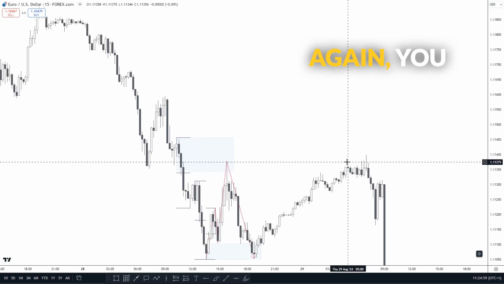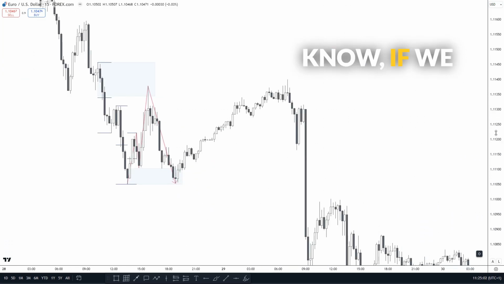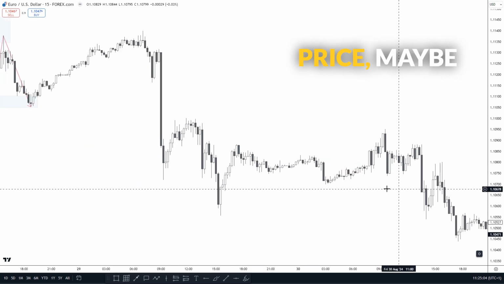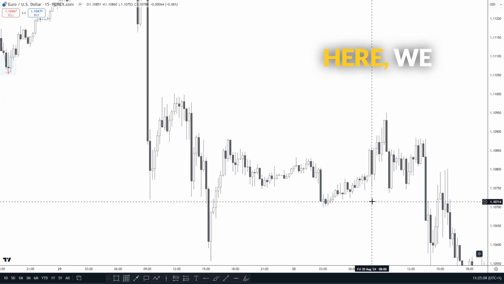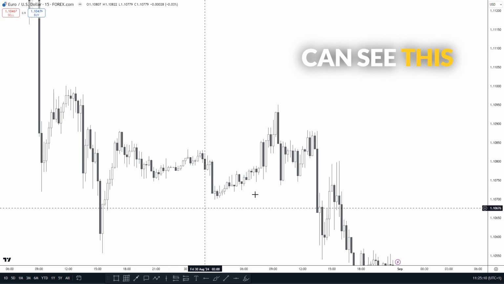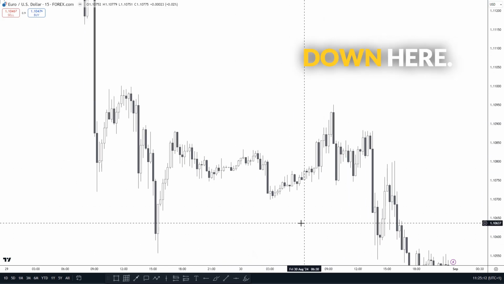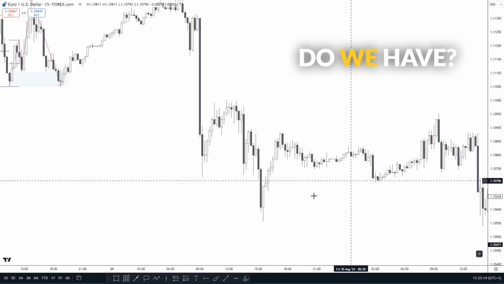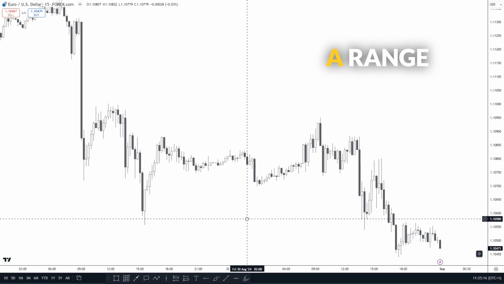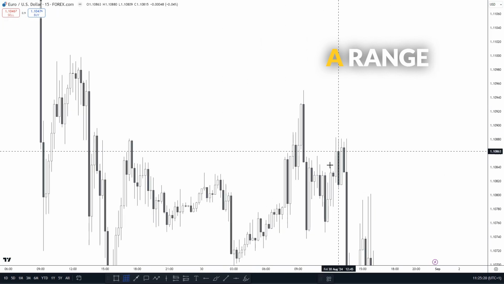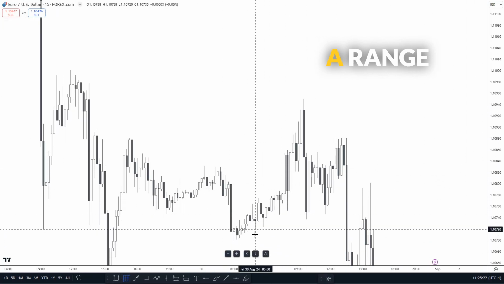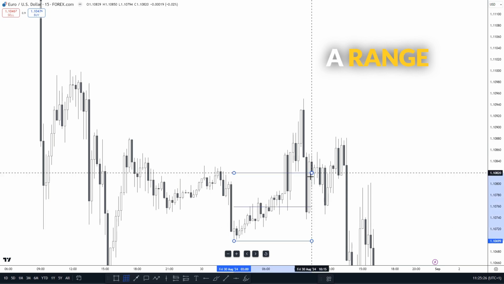And again, if we just carry on through price, maybe through a session here, this would be my London session down here. And what do we have? We have a range like this.